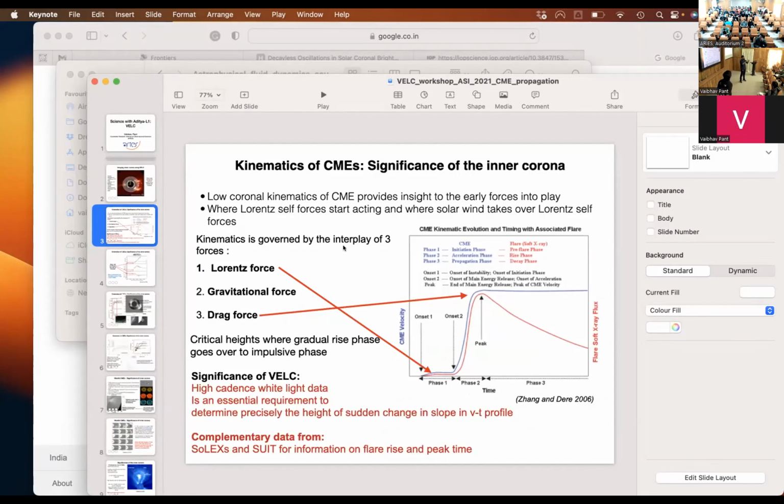We also have a pre-filter, which will only allow the lines within a particular passband to pass through. So you will only see a couple of lines, not more than that. We are studying three lines: iron 13, iron 14, and iron 11, right? Yes, so only three lines we are studying. The main point is that the entire spectrum cannot be accommodated in this.